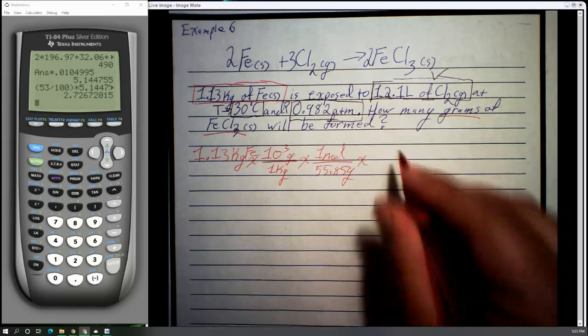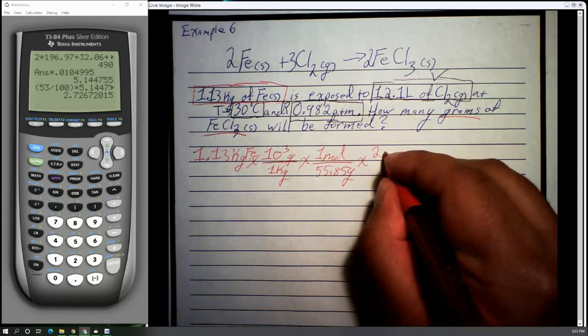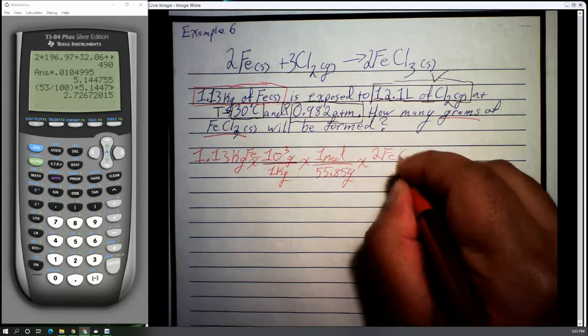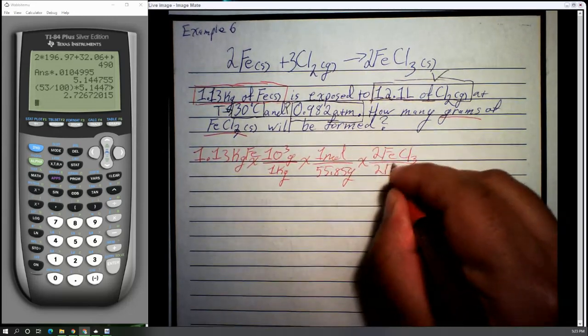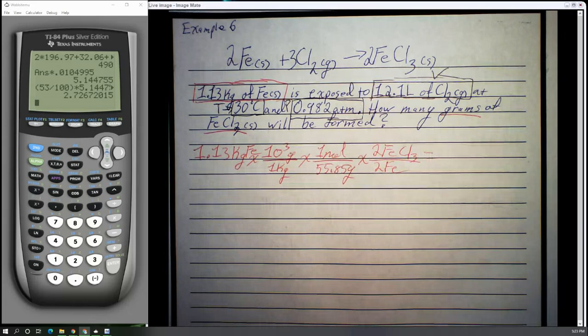And then we'll convert this to moles of the iron 3 chloride. For every 2 of those, there's 2 irons.